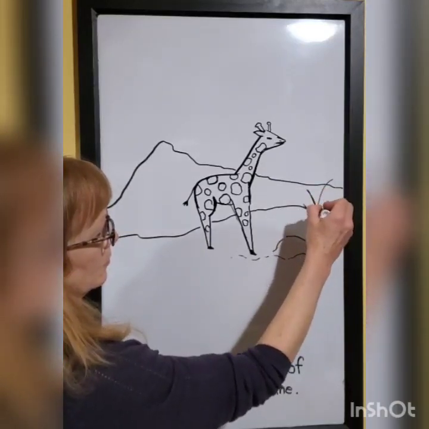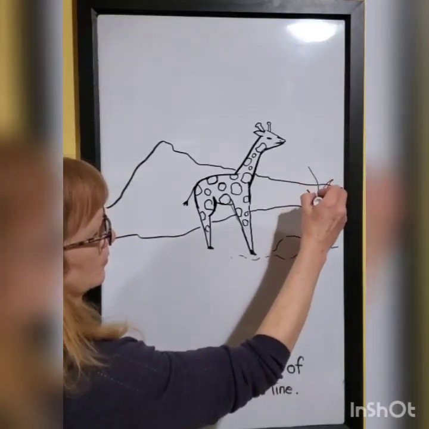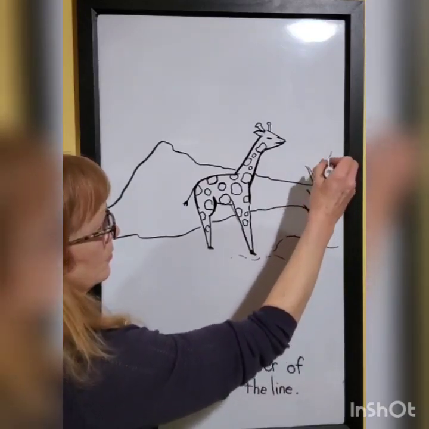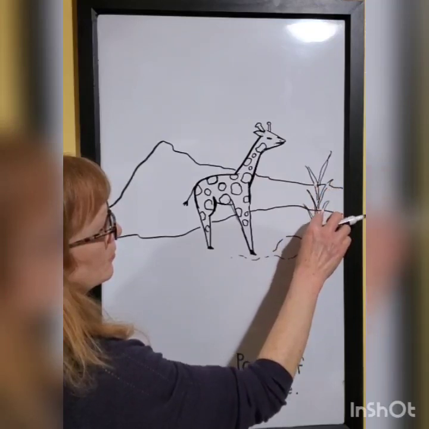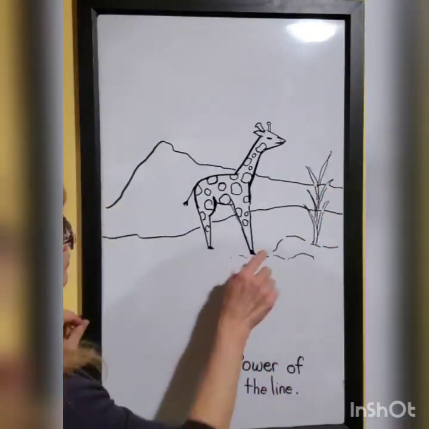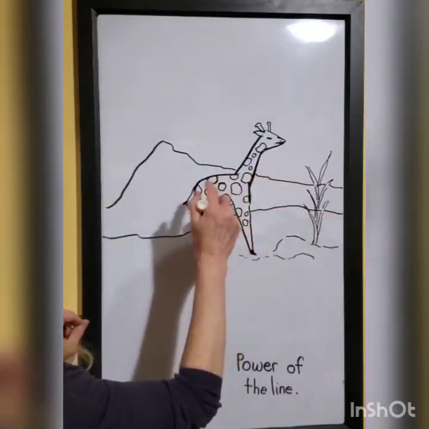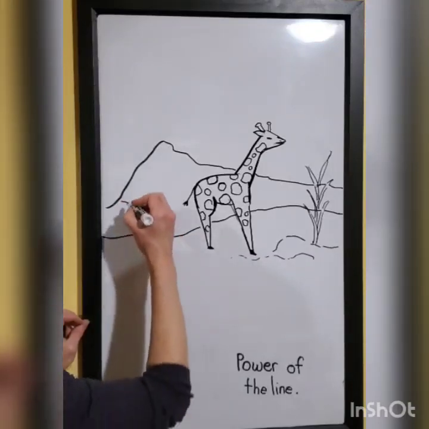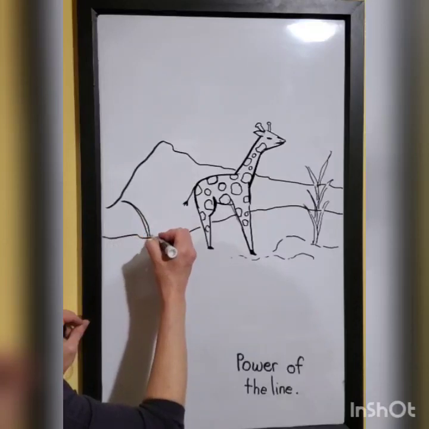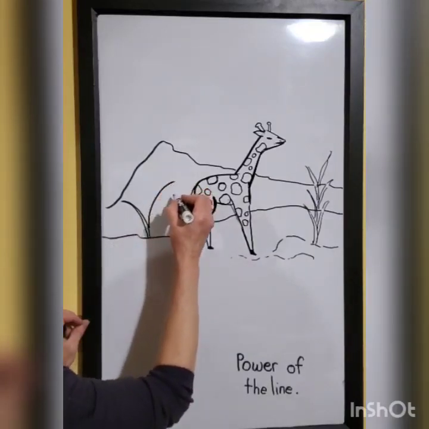Depth is when it looks like you could go into your picture or drawing. The ground line that we put in the middle of our drawing is the horizon line. The horizon line is where the earth and the sky meet.